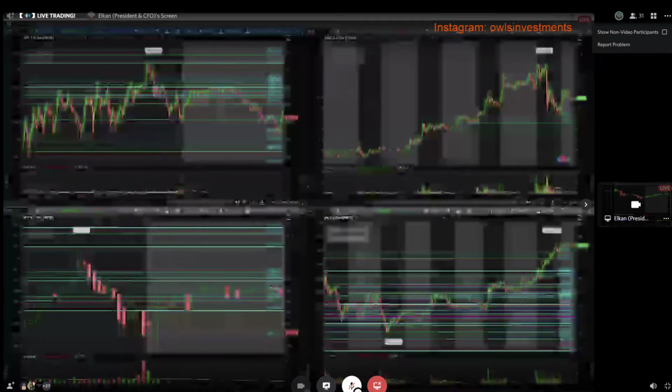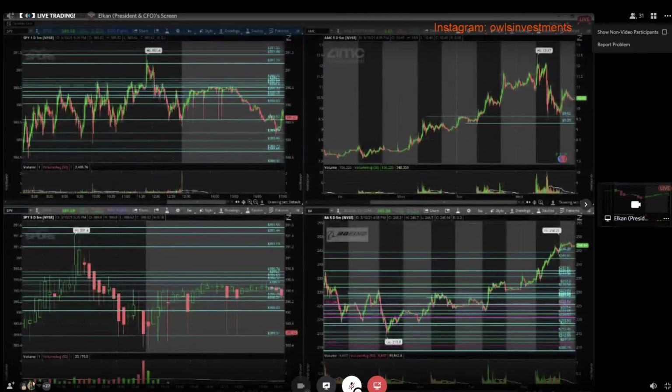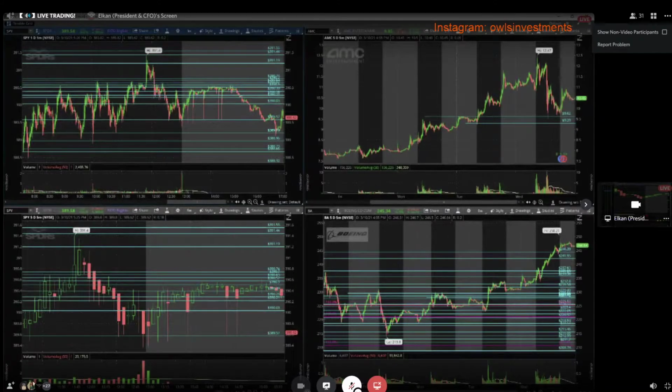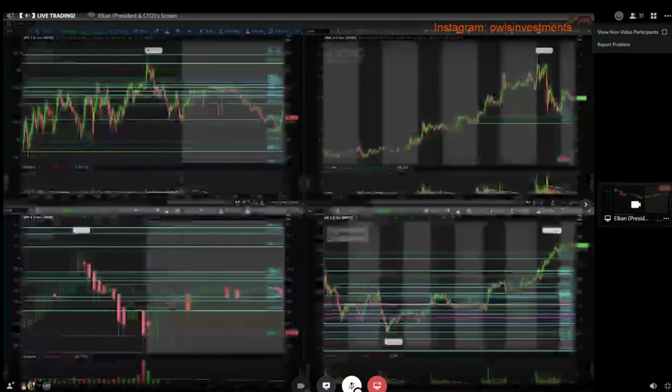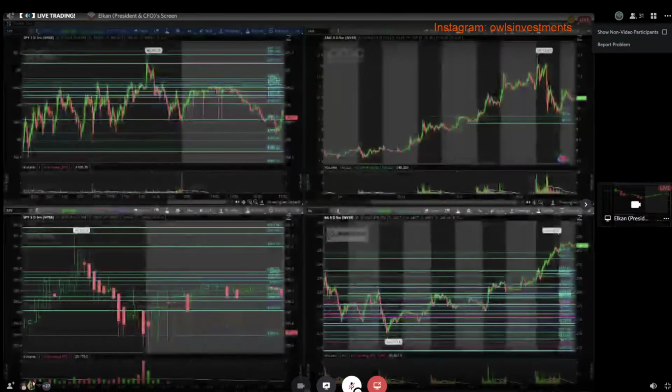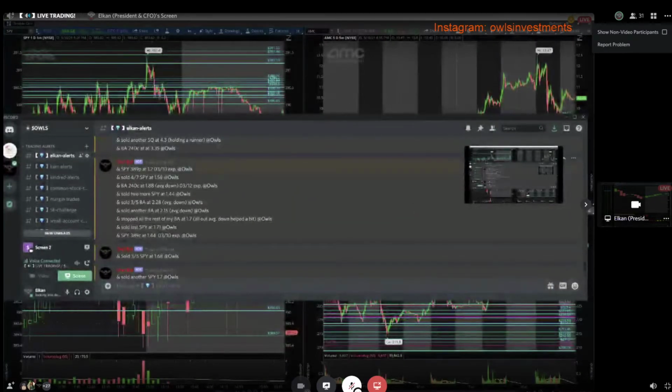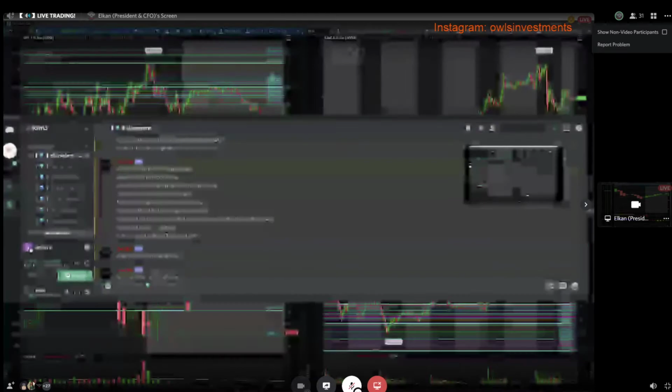Let's see what was a SPY play that we played. We played SPY today. We played SPY puts at 7:26 in the morning. Okay, so let's go through those. It's the 389 put, 7:26 in the morning.